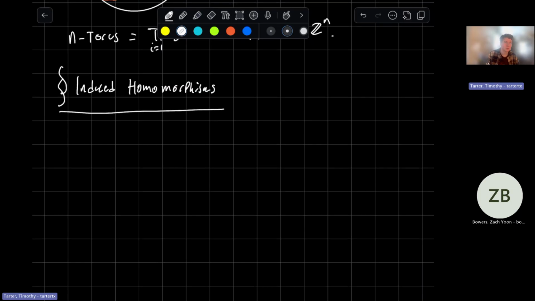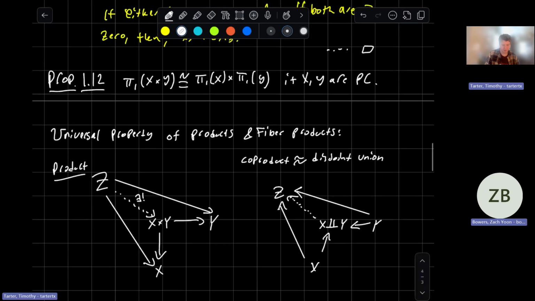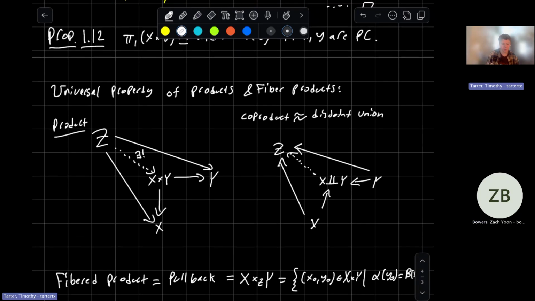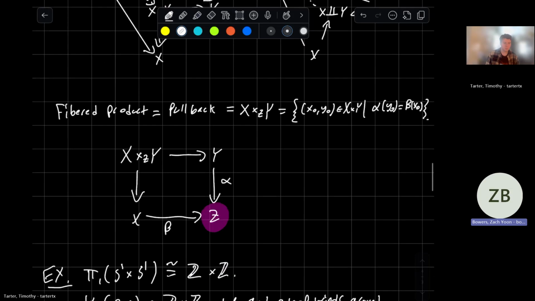Any questions, comments, concerns you think would help anybody watching this? We didn't necessarily go over the proof for the proposition, but we don't have to. I basically just said it follows by the universal property of products. Good.